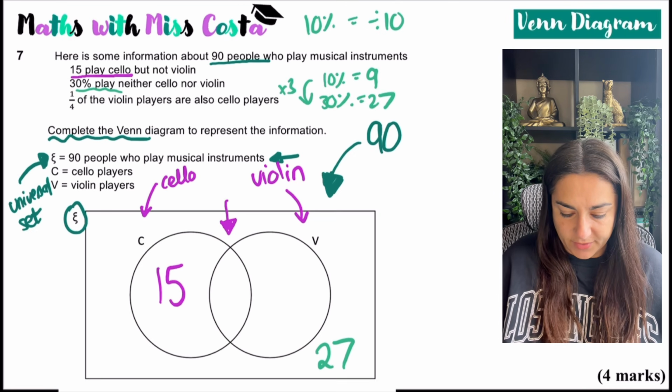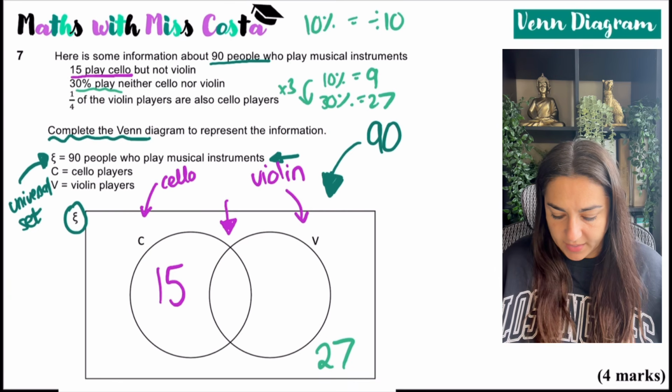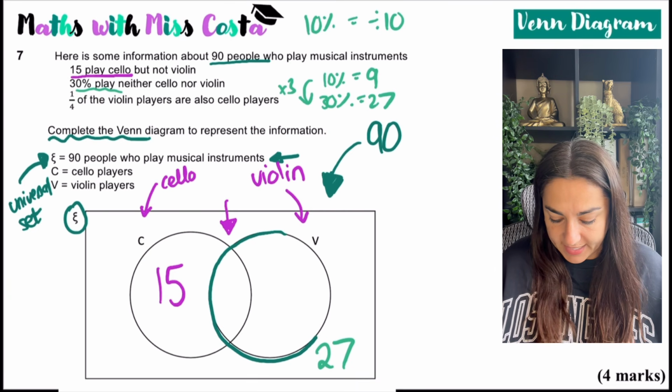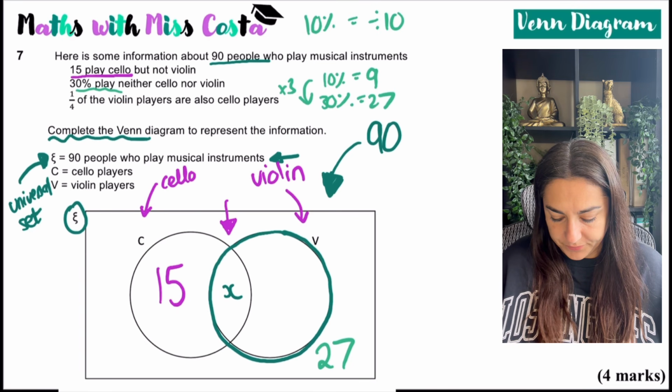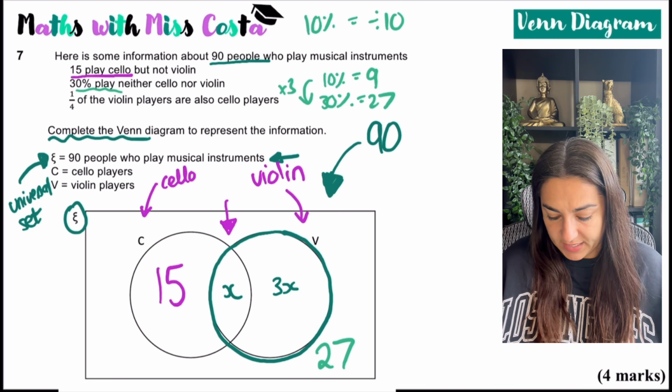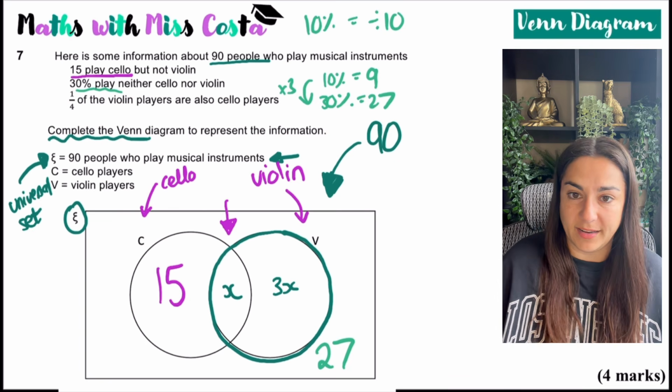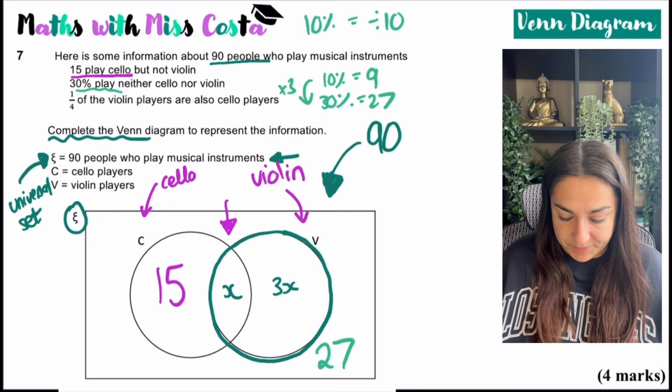It then says that a quarter of the violin players are also cello players. So that means that whatever exists in here, a quarter of the violin players are also cello players. So this is going to be 3x. You don't need to turn it into algebra, it will be quite straightforward if we go through it.